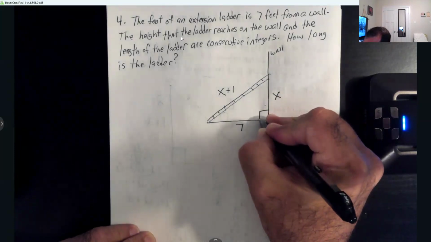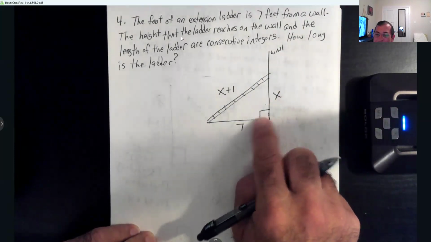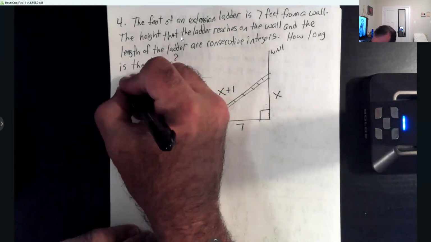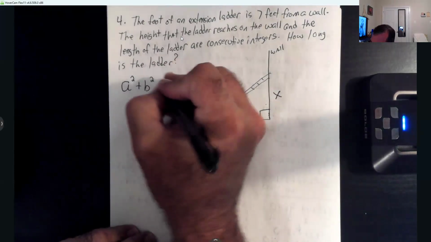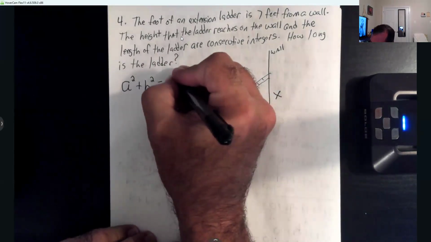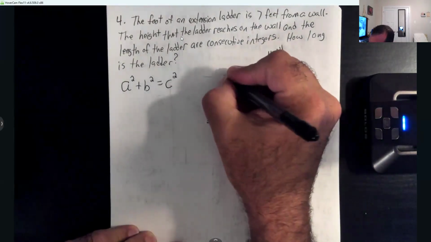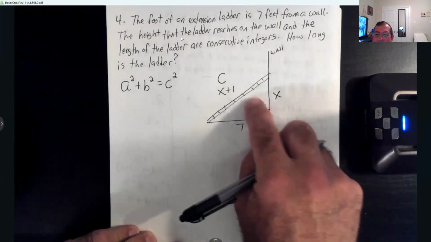Now, this is also a right triangle because I got a 90-degree angle here. So I'm going to use a squared plus b squared equals c squared. So I know c has to be this longest side over here, opposite the right angle.